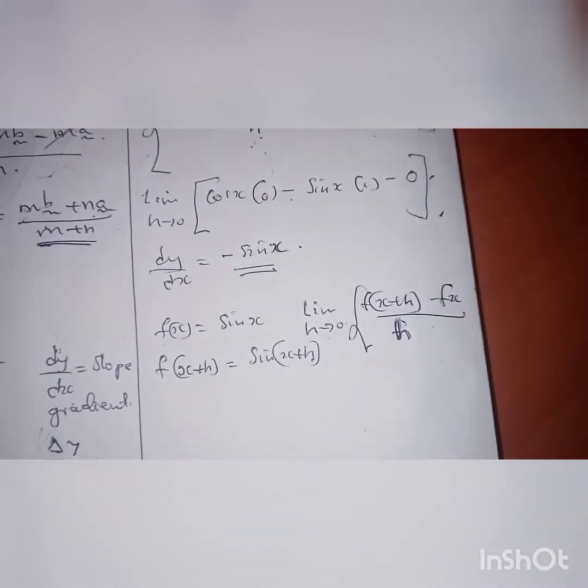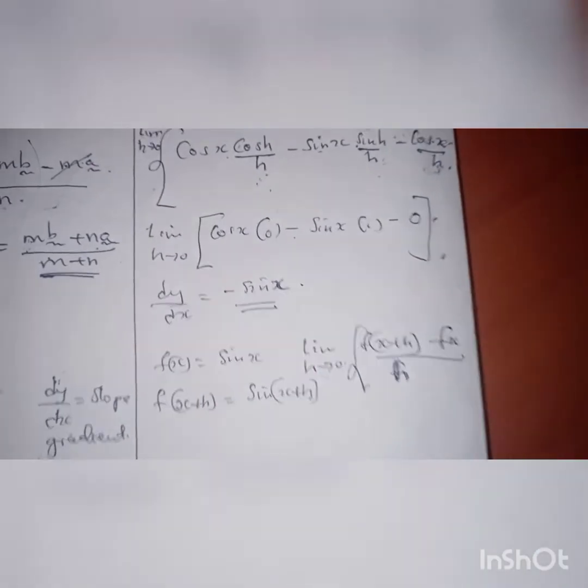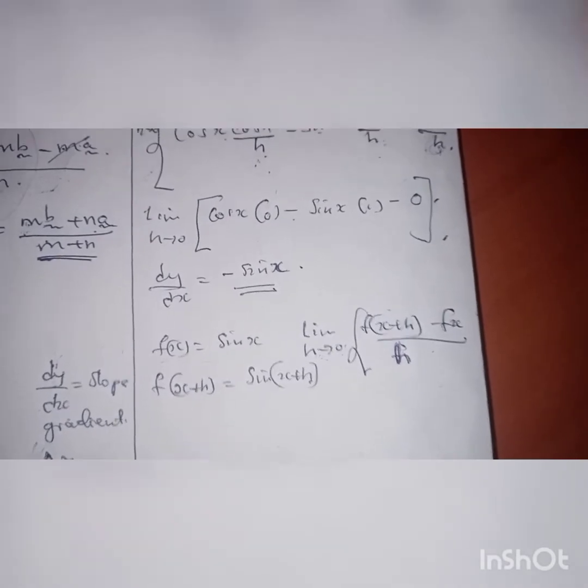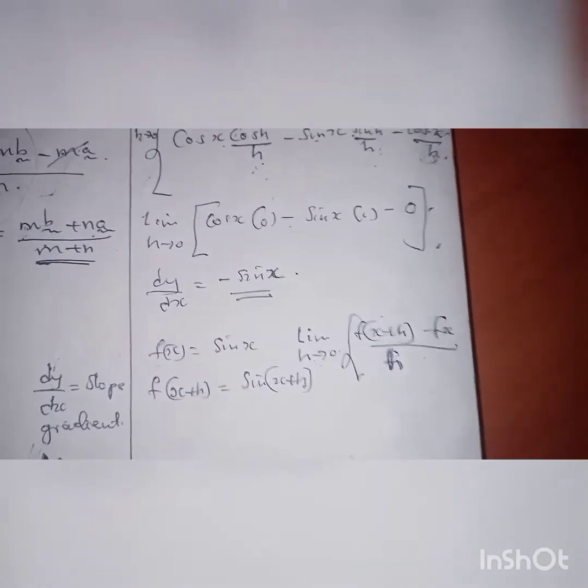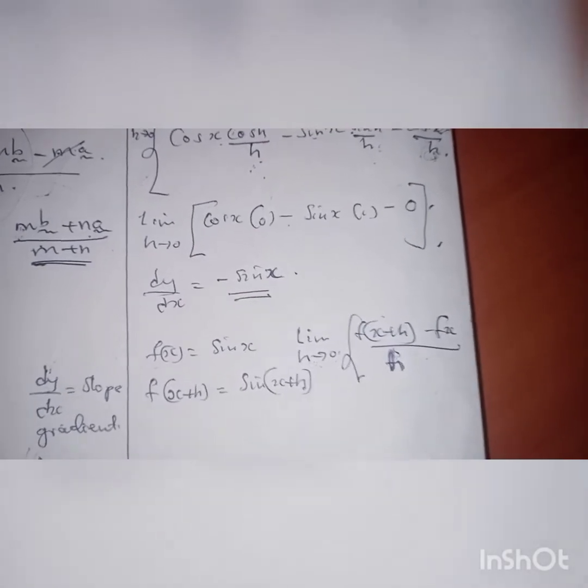It's almost 0, just a small value added. Wherever you see x, you add h before doing anything. Then you subtract the function of x, then all over that h, and you get the derivative.